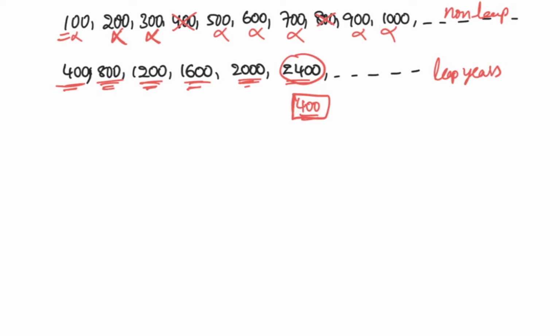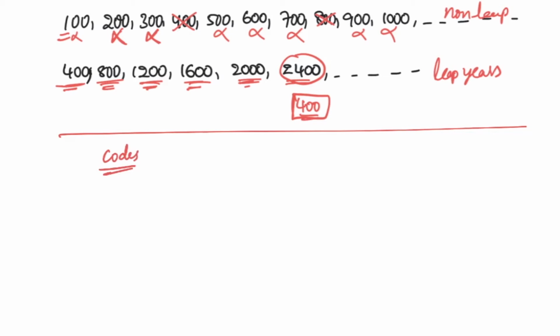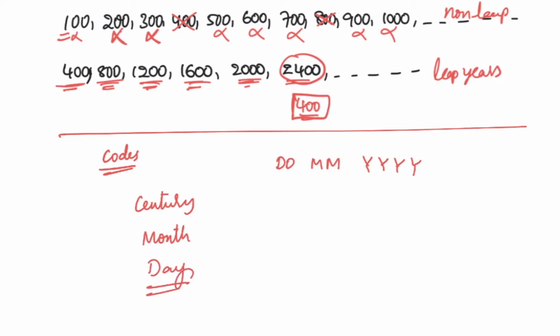Just need to remember these points. Got it? And you need to remember a set of codes so that if a date is given, you can find the day of that date. You should remember some century codes, month codes, and day codes.